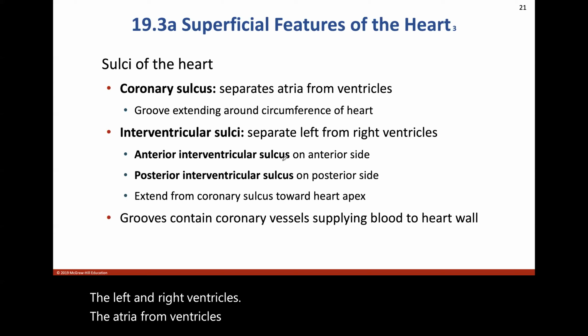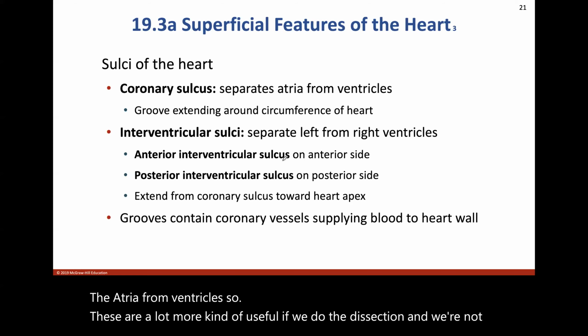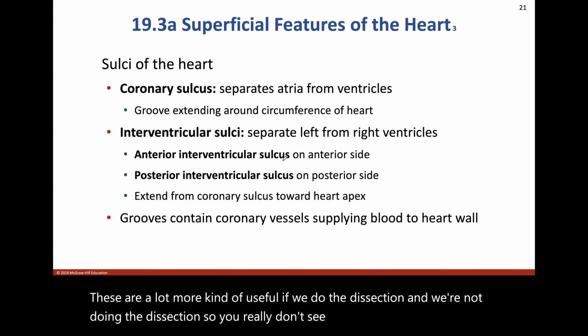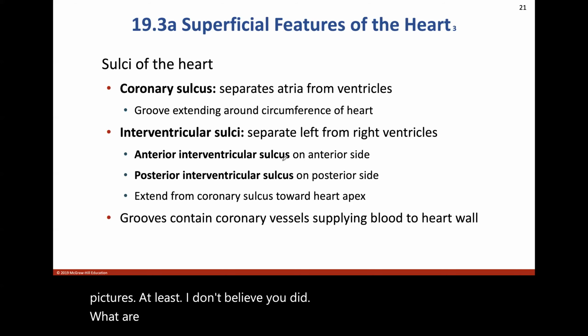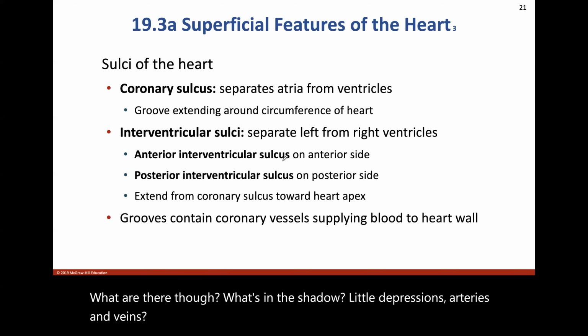These are a lot more useful if we do the dissection, and we're not doing the dissection, so you really don't see these sulci in any of the pictures, at least I don't believe you did. What's in these shallow little depressions? Arteries and veins.